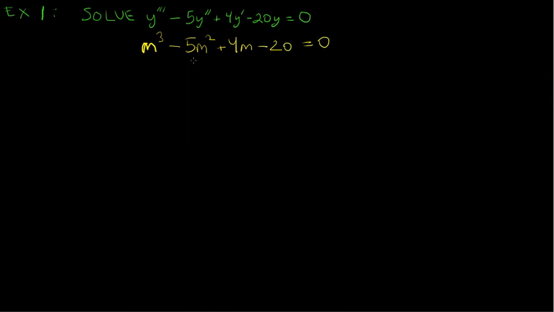Since this is a third order differential equation, this is a third degree equation, and you can basically solve it any way you want. You can use your calculator, for example, to get the real solution.